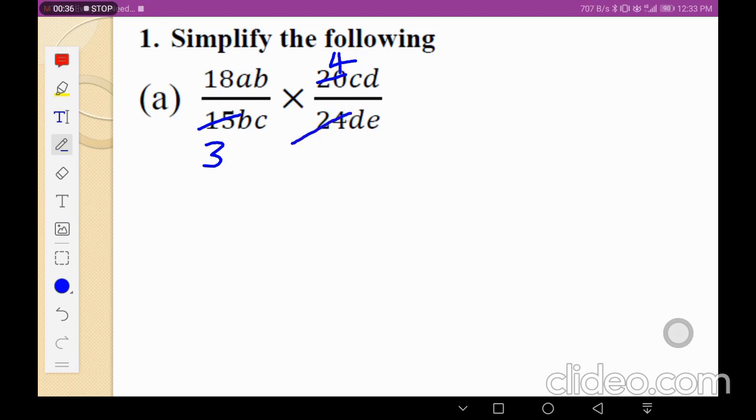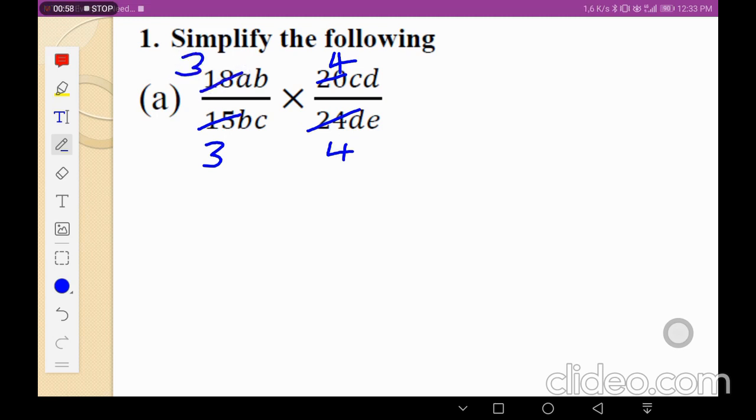Okay, let me see. Yeah, 6 can go into this one. 6 can go into 24, and we can have a 4 here. 6 can also go into 18. We can have 3 there.